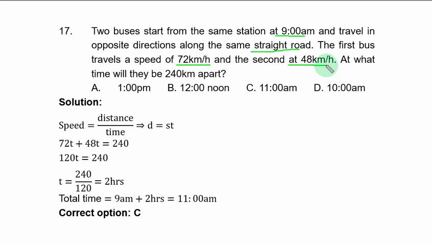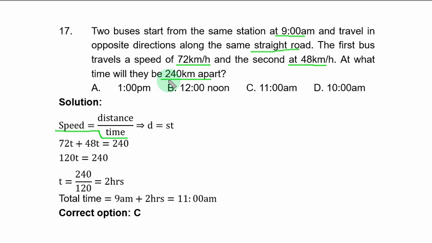At what time will they be 240 kilometers apart? Now, from speed, distance, and time, speed is equal to distance over time. We are interested in the time here, and the distance they are apart.